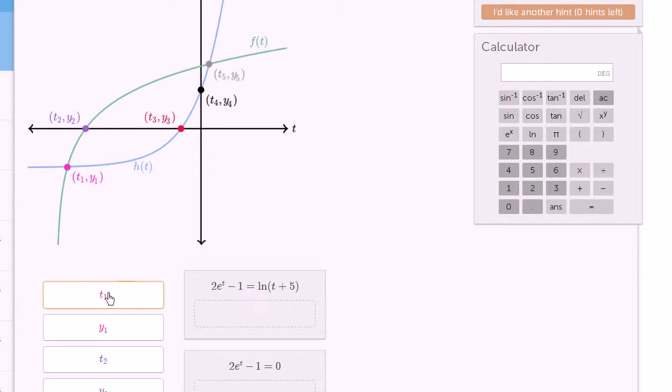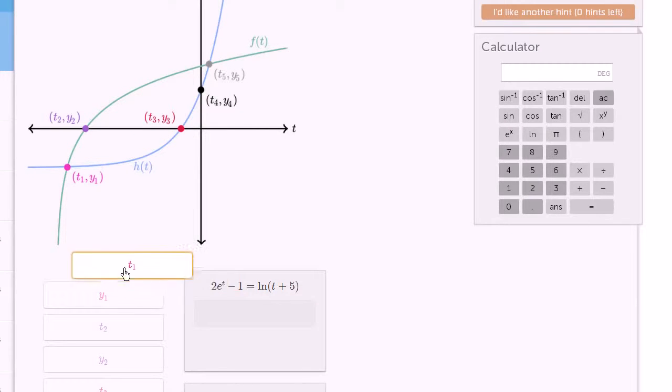And so we need to figure out if you were to, for example, drag this into this box, that means you believe that 2e to the t sub 1 minus 1 is equal to the natural log of t sub 1 plus 5. That this variable, if you substitute it in for t, is going to make this equation true. If, for example, you were to substitute this y1 in, that means that you think 2e to the y sub 1 minus 1 is equal to the natural log of y sub 1 plus 5.